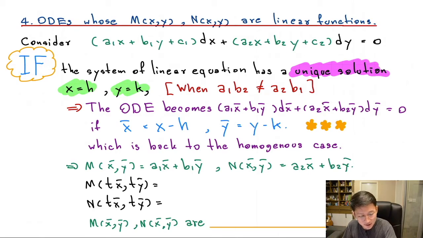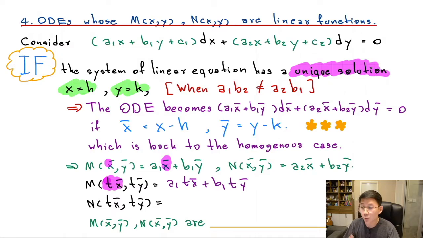And then I'll write it in this way: a1 t x bar plus b1 t y bar. Because I just substitute x bar by t x bar, since we are looking at M of t x bar.